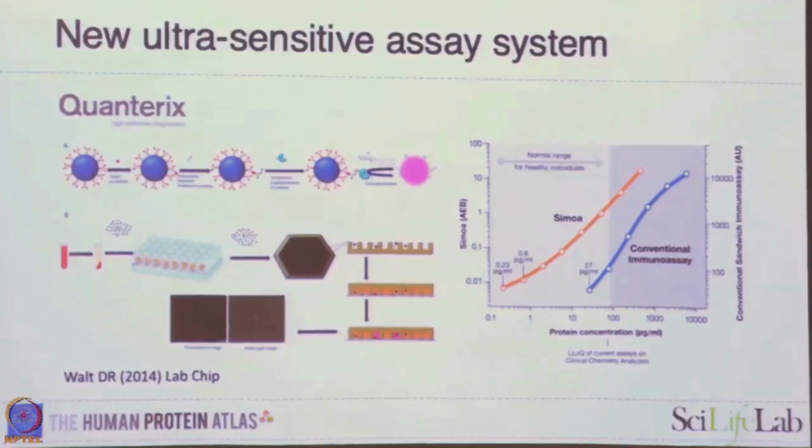So they count the number of particles which emit light at a certain level, and that's what they call their digital amplification range, which gives them a 100-fold improved sensitivity at the cost of using more samples and more antibodies, which is not as well communicated.